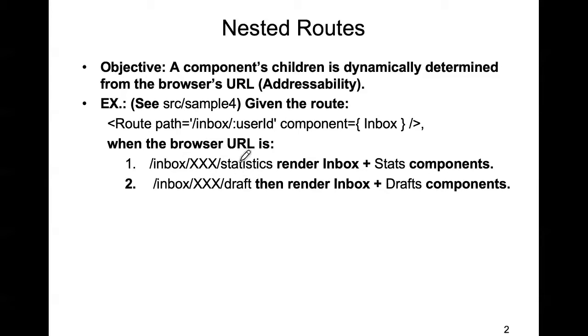So these are 2 sub-routes within this major route, or to use the React Router terminology, these are 2 nested routes within the major route. And what I want from a component point of view is if the URL has the /statistics part added onto it, then React should mount the inbox component and the stats component. Whereas if the URL ends in /draft, then it should mount the inbox component and the draft component.